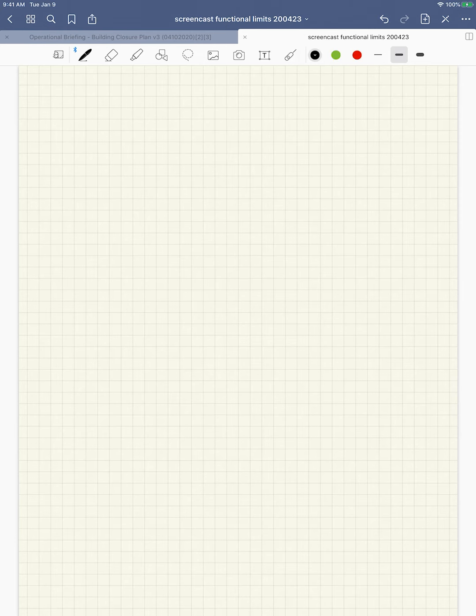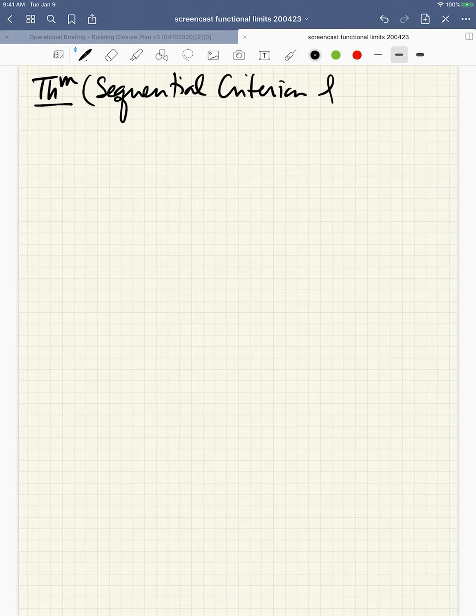All right, so I'm going to wrap things up with a proof. It's a proof of the theorem we're going to call the sequential criterion for functional limits.